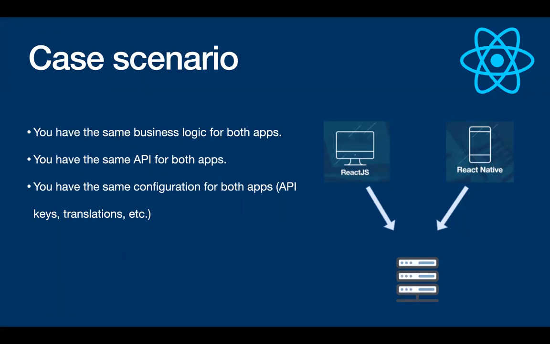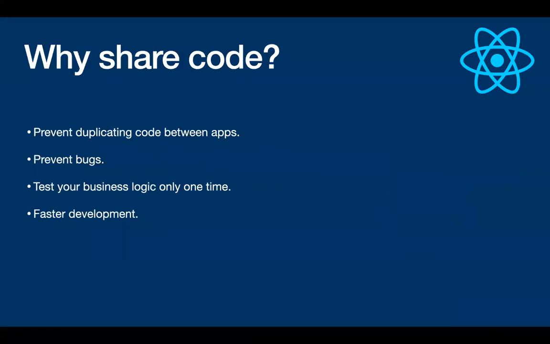So a really useful case scenario to apply this architecture is when we have almost the same business logic for both projects. So then why share the code? Well, as I said before, we need to prevent duplicating the code between the apps, because this is not a good practice.